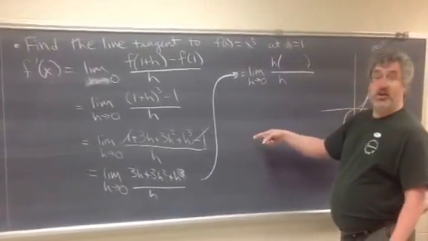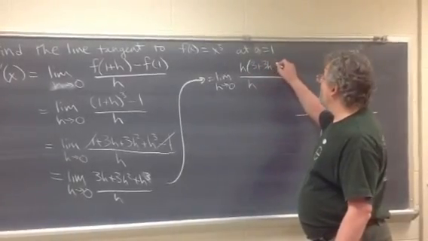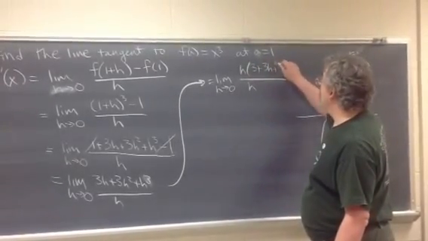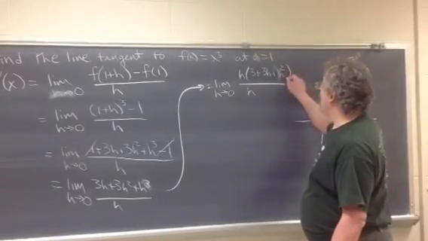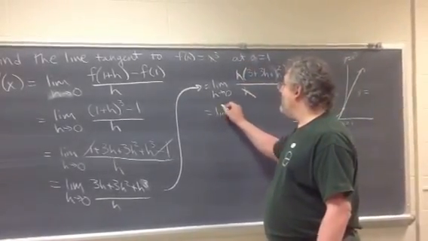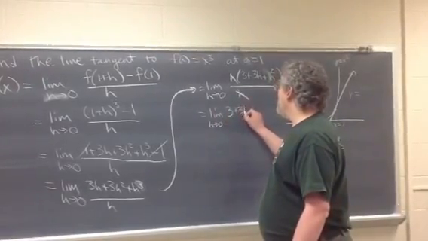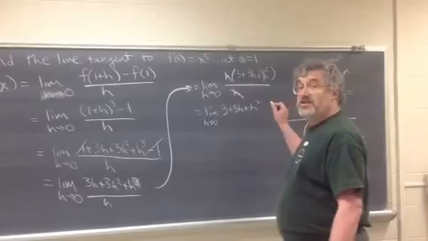Factoring the h out of this, I get 3 plus 3h plus, being ambitious with my parentheses there, h squared. The h's cancel. I get the limit as h goes to 0 of 3 plus 3h plus h squared.